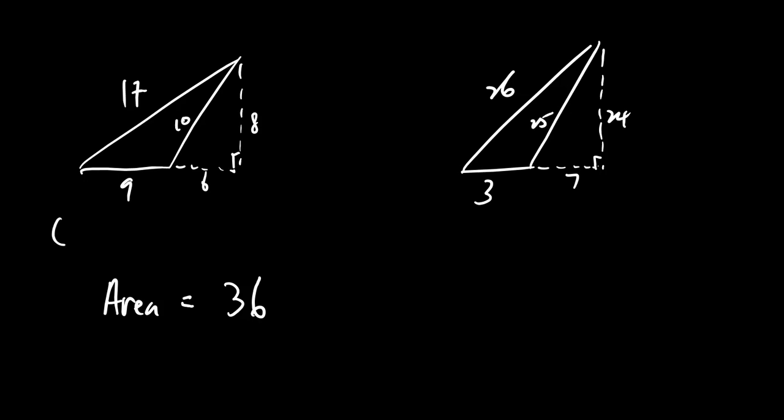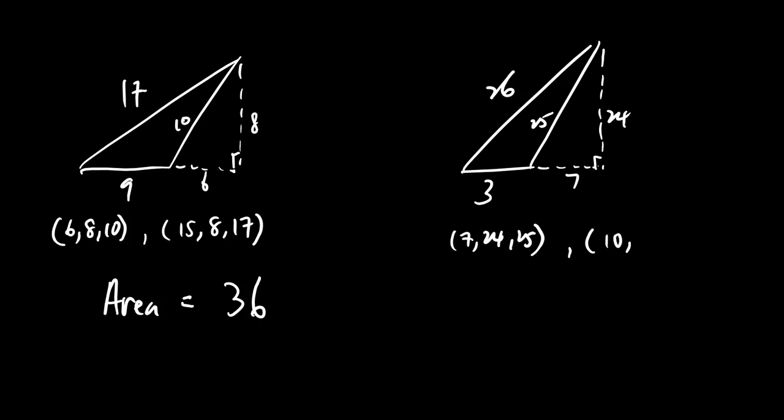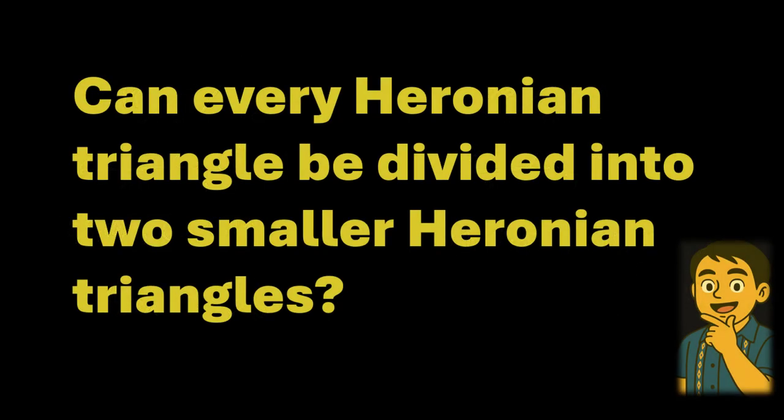They come from triangle 6, 8, 10 being cut from triangle 15, 8, 17, and the other one is 7, 24, 25 being cut from 10, 24, 26, which originally comes from 5, 12, 13. That also raises another question: can all such triangles be cut into two triangles where both are also Heronian triangles?